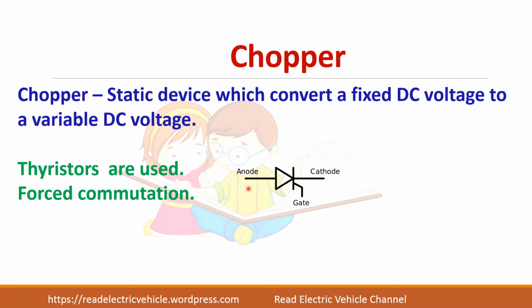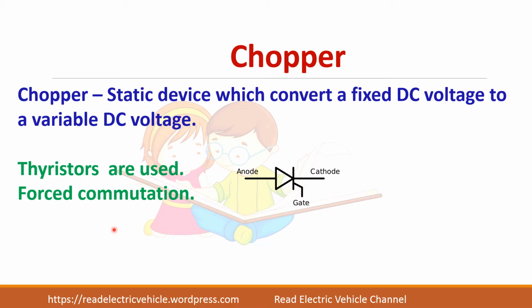But in case of a DC input, commutation or turning off of the thyristor is a big issue. So you have to add an extra circuit called forced commutation circuit to turn off the thyristor, and we call that process as forced commutation. So extra circuit is required.